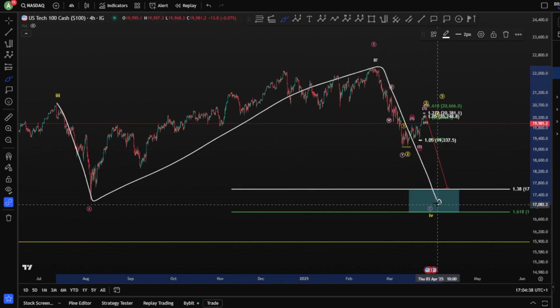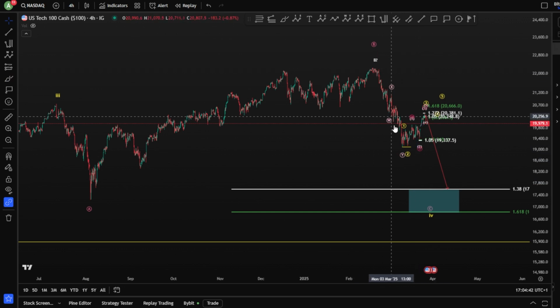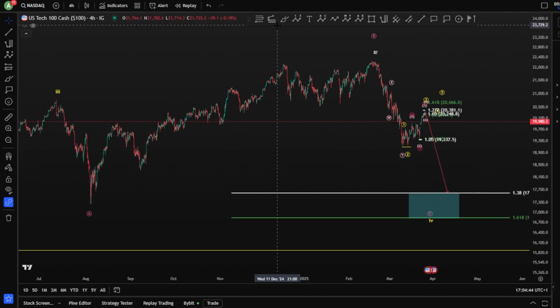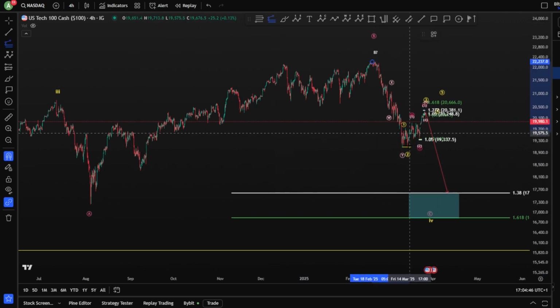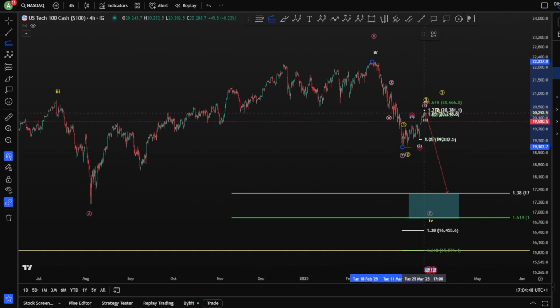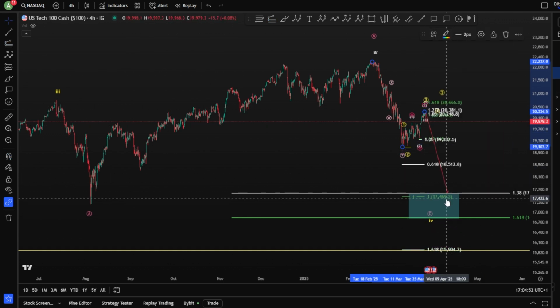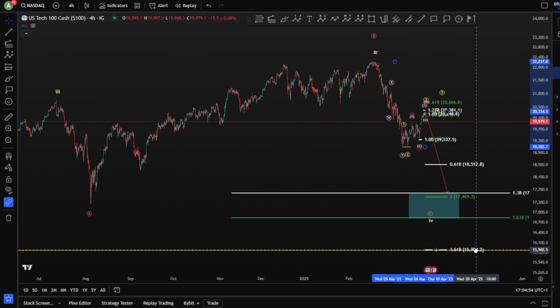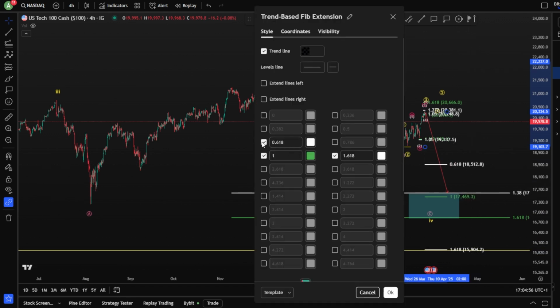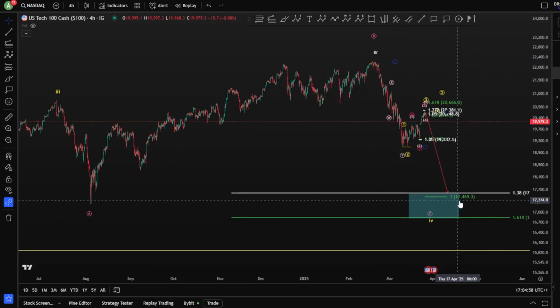Now, for this expanding flat, we have those fibs. But if we are in a big zigzag here, we need the 1-to-1 fib level in confluence. So let's check this. If we have topped here, we are looking right now for a potential zigzag 1-to-1 fib level. Here we go. This is the confluence between the 1-to-1 fib level and the blue box here.